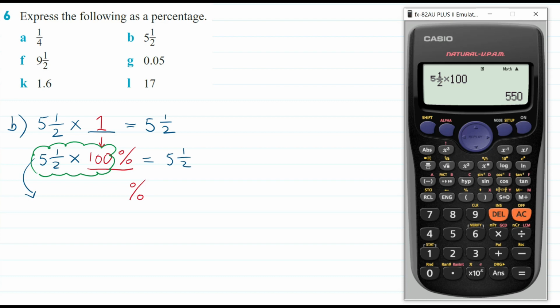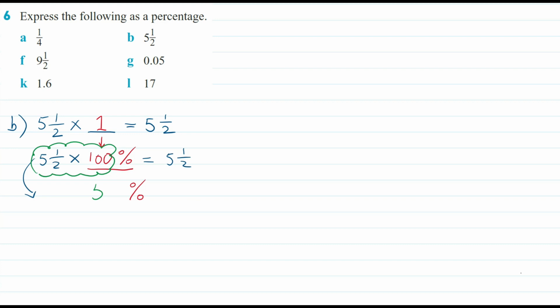Notice that I have not put in the percentage symbol because it's actually part of our answer. So there's no need to put that in. And if you did, the calculator will probably show up 5.5 again by itself. So that's something you might like to try. So we have our answer that is equal to 550%.